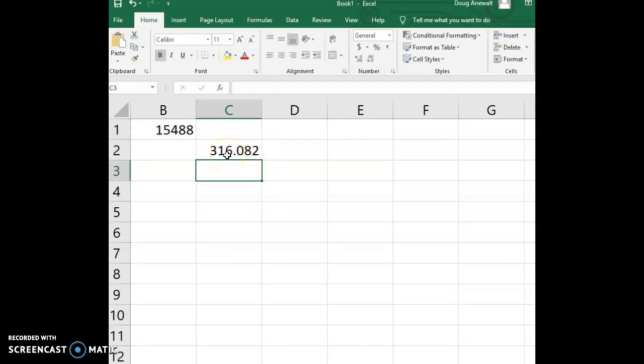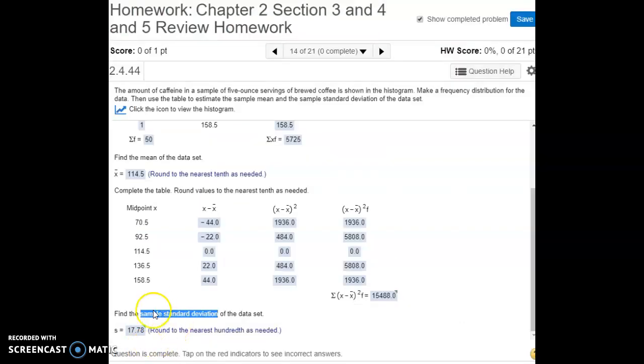And that is going to actually be the sample variance. To get to the standard deviation, then you take the square root of that answer. I just clicked on it, get that exact value without rounding. So the square root of that answer is then our sample standard deviation. And make sure that for your solution, you round to the correct number of decimal places.